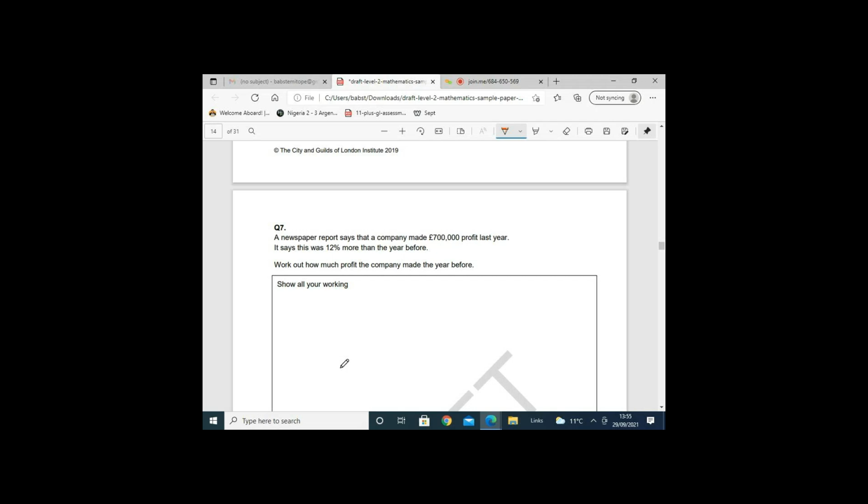So what you need to do is this: when you say it's 12% more, just add 100% plus 12%. Because it says that it was 12% more than the year before. So if it's more, you have to just add it.